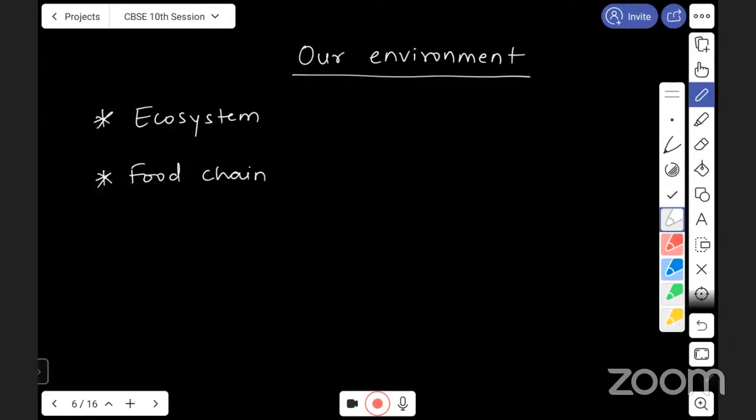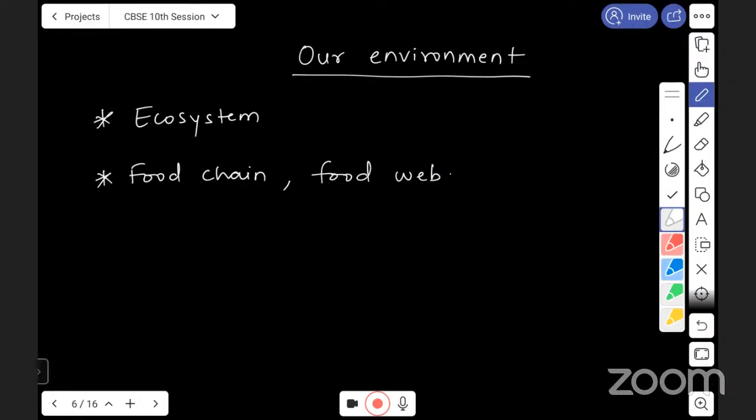Yes, a linear chain which represents how one organism obtains its nourishment, right? This is food chain. But in reality, what does exist? Food web. So in nature, what is present? Food web, which is basically a network formed by joining or connection of multiple food chains.